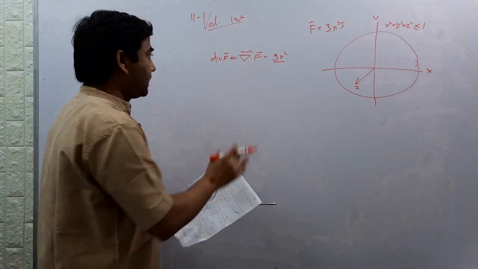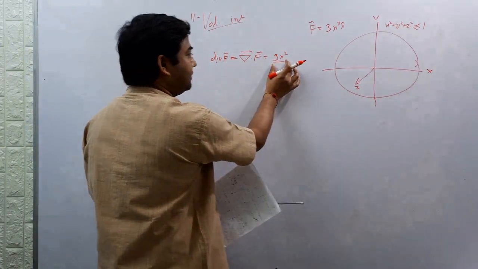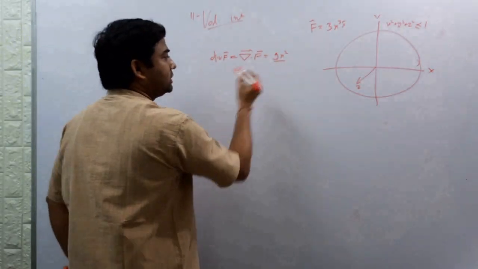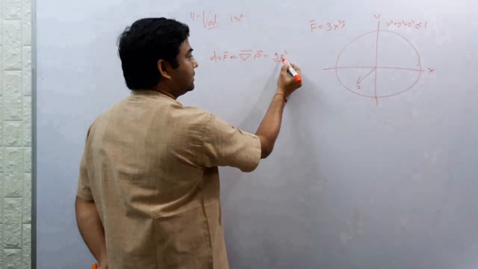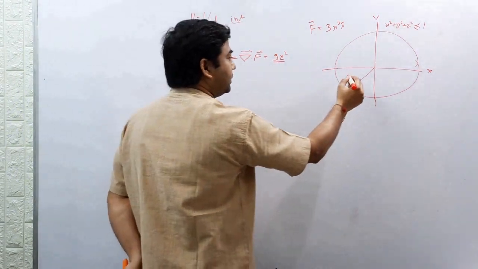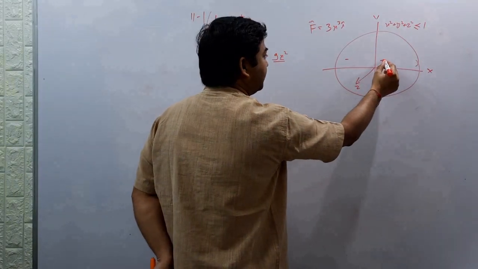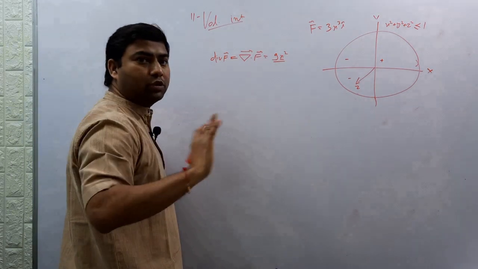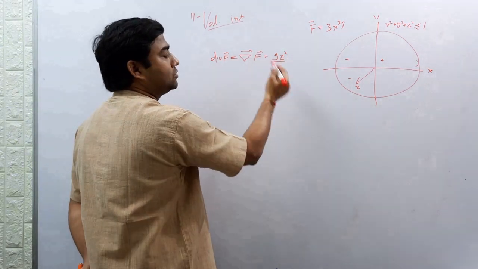9x square is the divergence, so it is the divergence at different points. From this equation you can see the divergence involves x square. So for negative and positive values of x, this divergence is always positive because it involves x square.